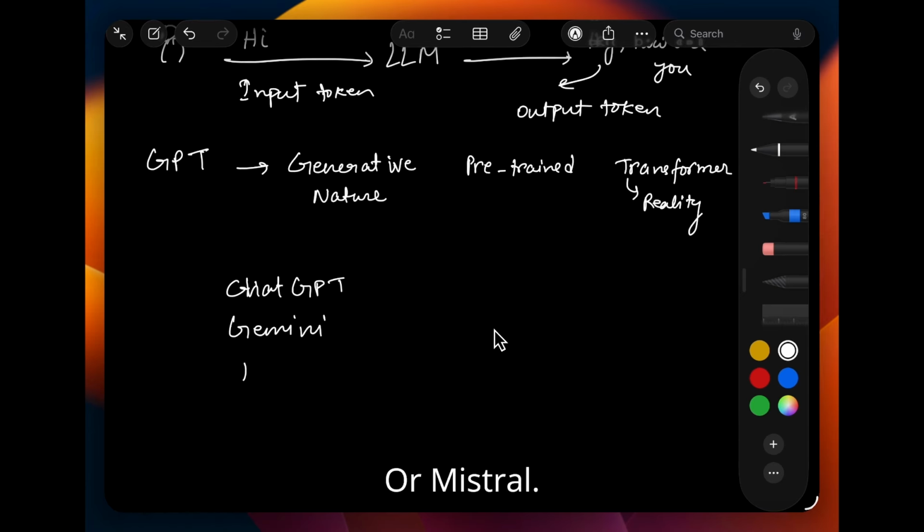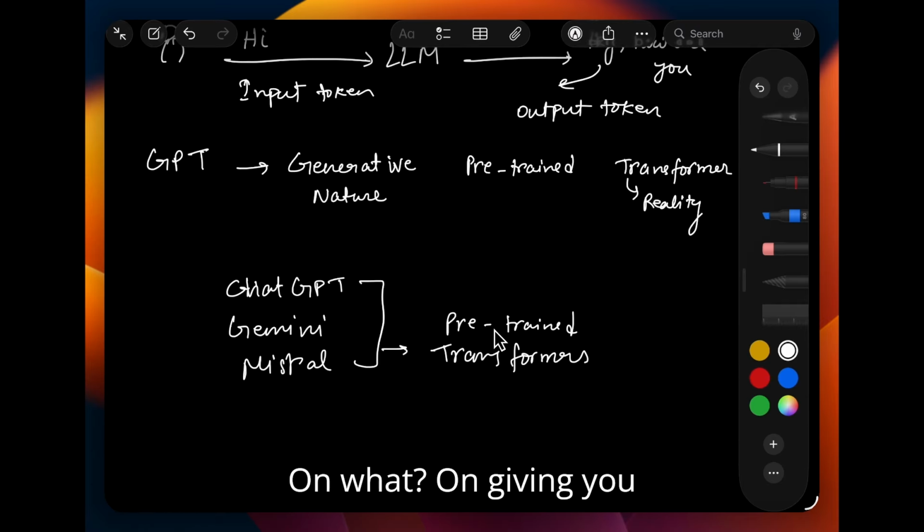And they are pre-trained on giving you a generative answer, right? So GPT.